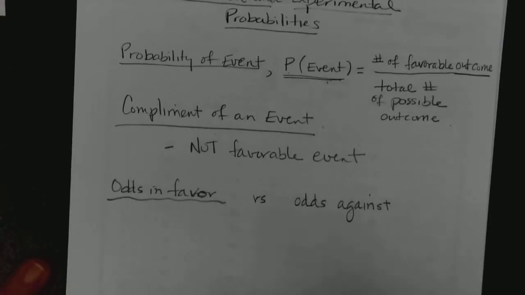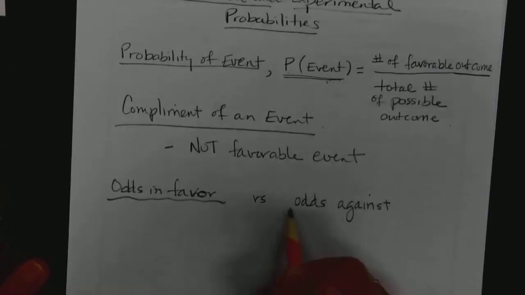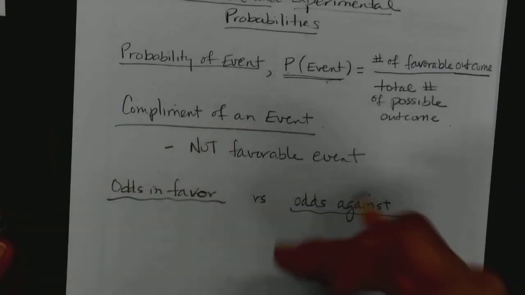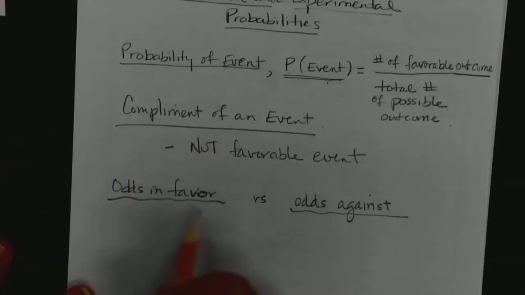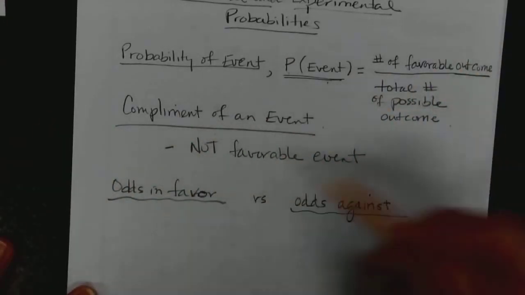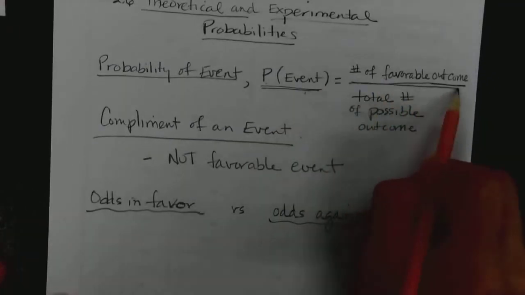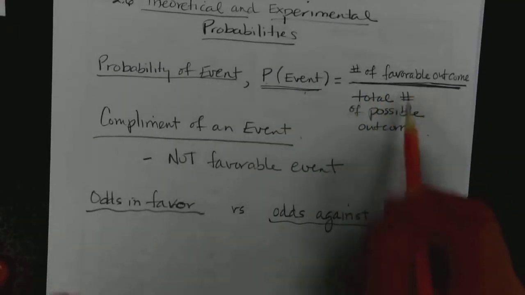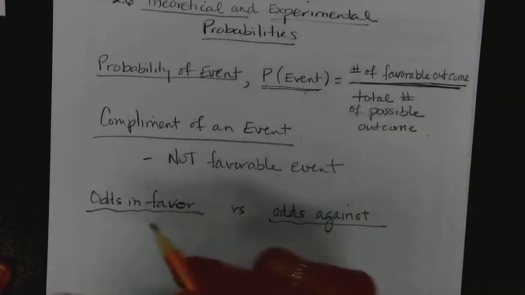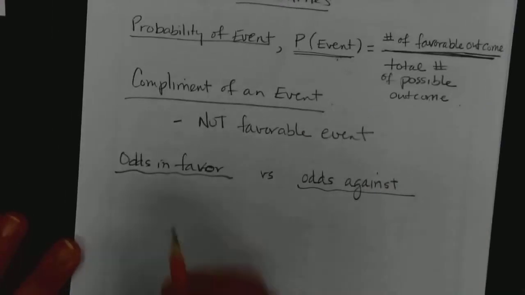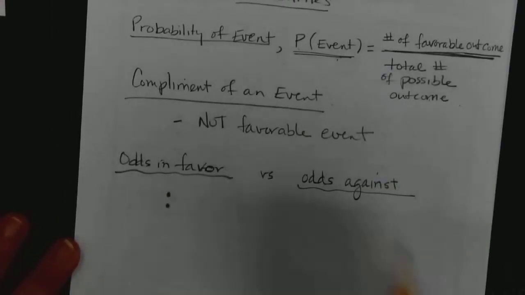And then sometimes they say, what's the odds against it? They're different from probability. Probability is written as a fraction, and it's always over some total amount. Odds in favor, you write as a colon.